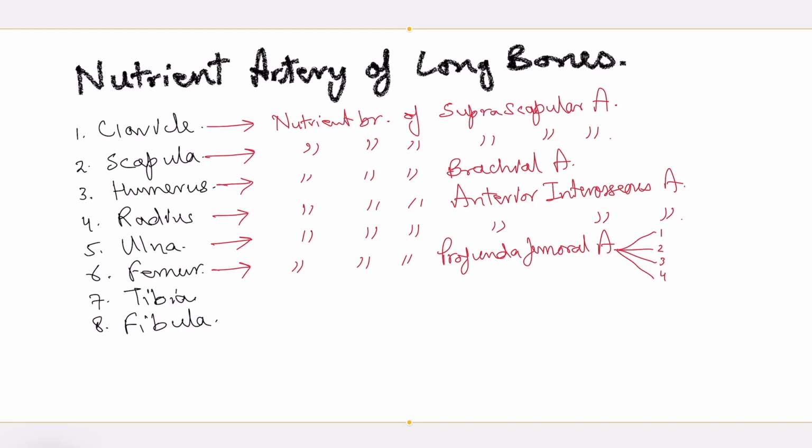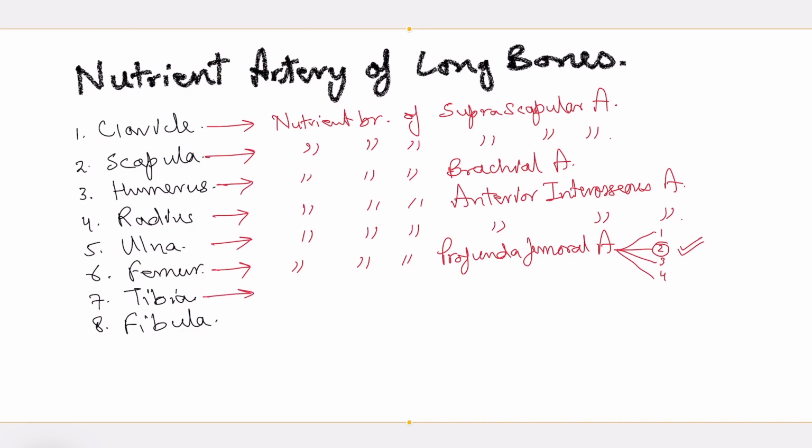And ultimately all these 4 perforators bury themselves into the substance of the bulkiest muscle of the thigh, that is vastus lateralis. So during its course, it will give its nutritional branch to femur through its second perforator. Remember this. The first perforator has also a significance that participates in the cruciate anastomosis on the back of thigh.